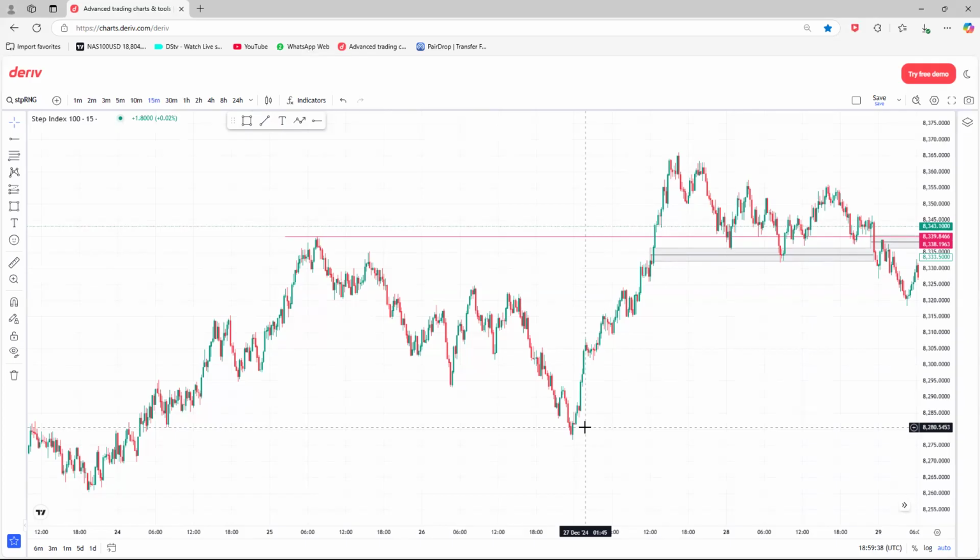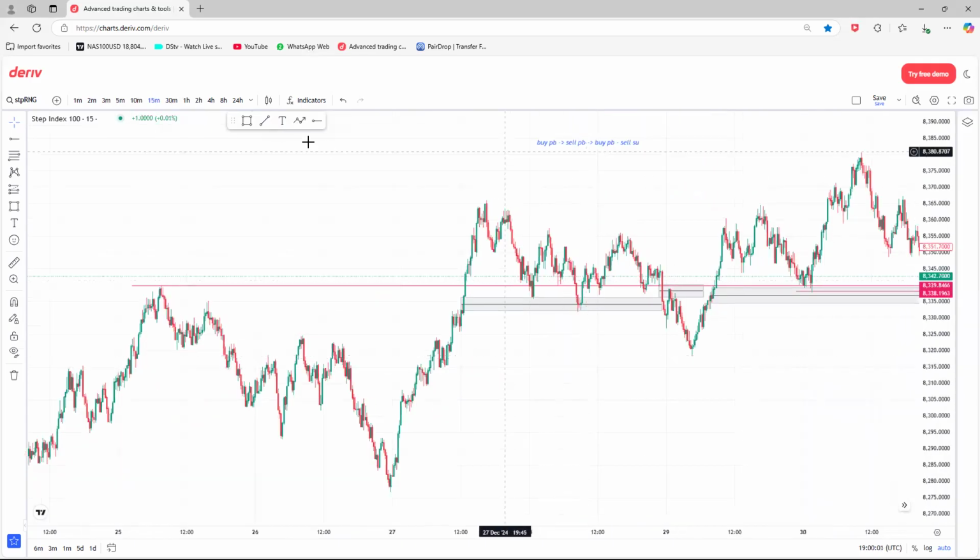It's a pullback. So what does this make this sell, based on what you're saying? What is this sell? This sell is going down to a buy setup, which makes this sell a pullback. This sell is a pullback, right?